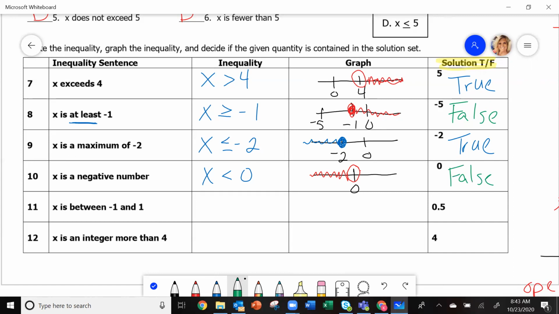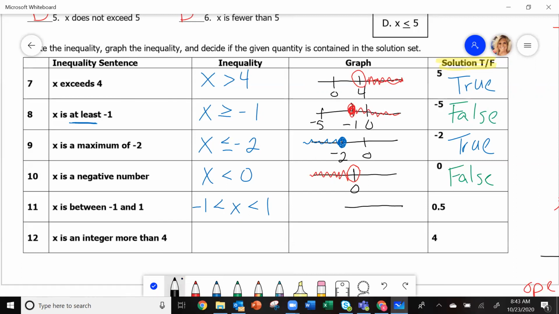The next one says x is between -1 and 1. So here's what you do. You take the small number to the left, the x in the middle, the large number to the right. Anytime you do that, my arrows are always going to point to the left like this. It's going to be the less than symbol. It doesn't say it's equal to, it's just between.